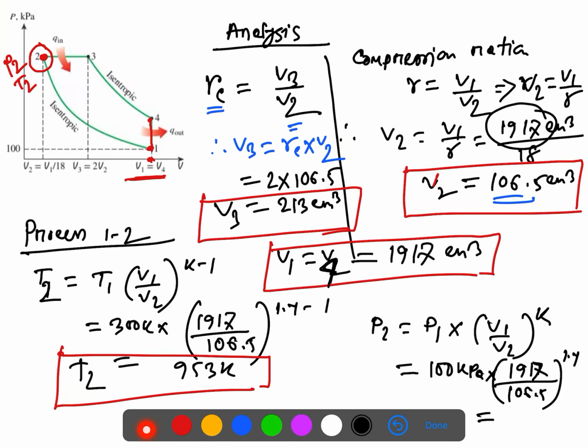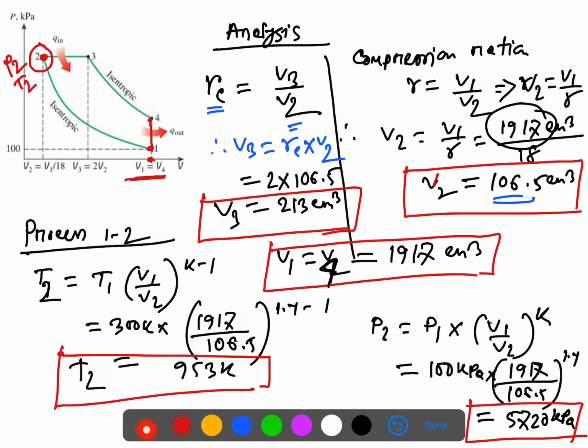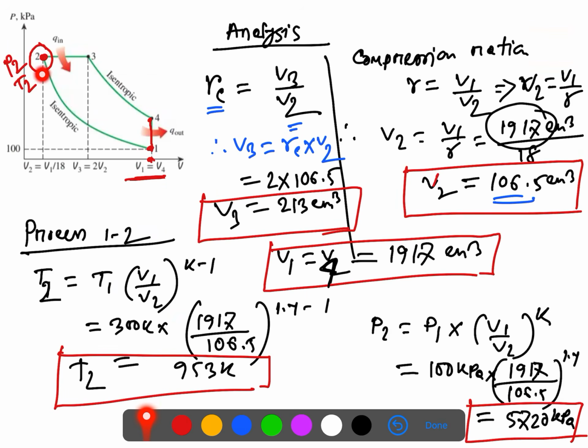So we get 5720 kPa. This is the first temperature and pressure at process 2. We need to do the same calculation for process 3 and process 4, because the question says the end of each process.